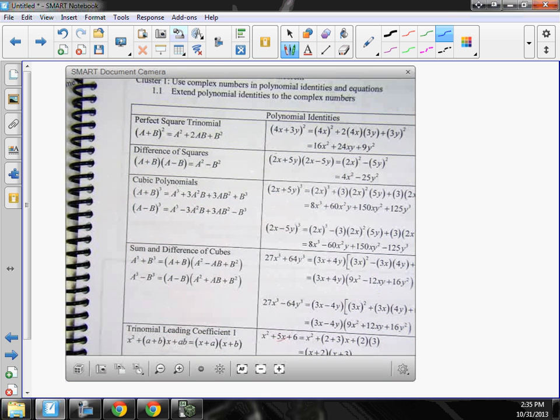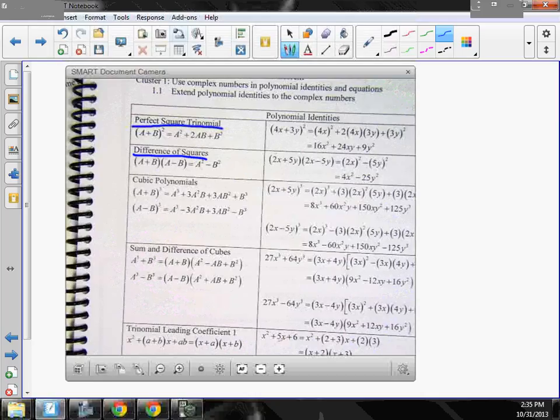So here you see the perfect square trinomials. We talked about those weeks ago. Here you see a difference of squares. We just talked about that. And then cubic polynomials, that was the binomial theorem. Do you remember that when we used Pascal's triangle? So we talked about those. But we haven't talked about sum and difference of cubes.